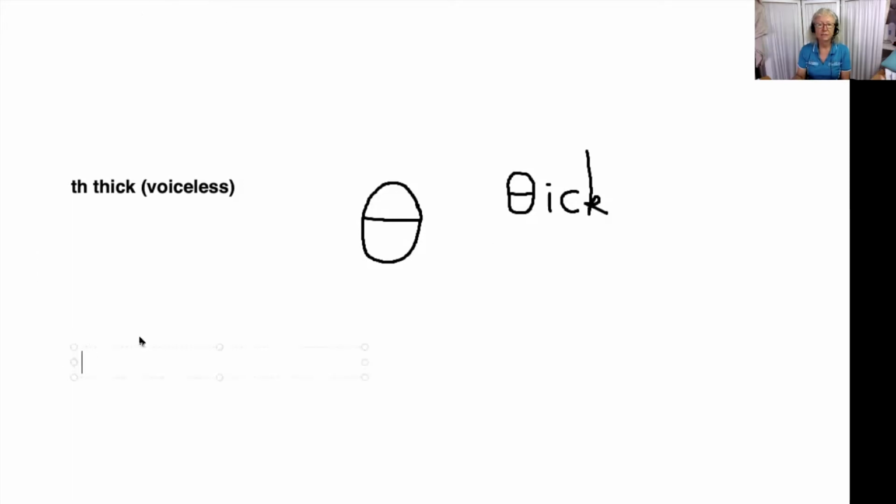Let's have a look at if it's voiced, like as in them. Now it's voiced. So a lot of people have never really thought about the fact that TH can be voiceless, like in thick and thank you, and it can be voiced, like in them and they. So to do this one, I recommend you practice it like me. First of all, I want you to just do a normal 6. Can you just write that? Normal 6.